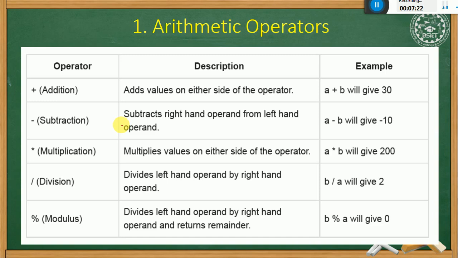The arithmetic operators you already know: addition, subtraction, multiplication, division and modulus. You already know the use of these. Modulus returns a remainder. I'm not discussing in detail because you all know these operators.